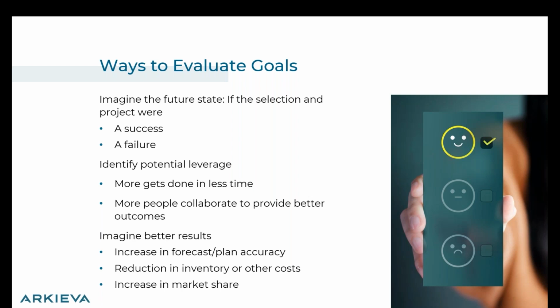Or maybe I will see an increase in market share because I plan my supply chain so well, companies want to work with me. So these are different ways to evaluate goals. This is obviously not a full list, but you have to come at it from this type of a mindset that allows you to then list down the different values that you would create for yourself.